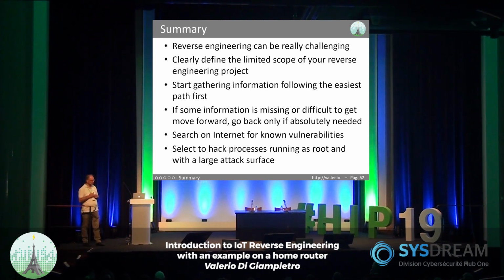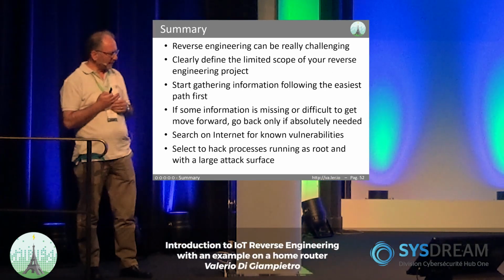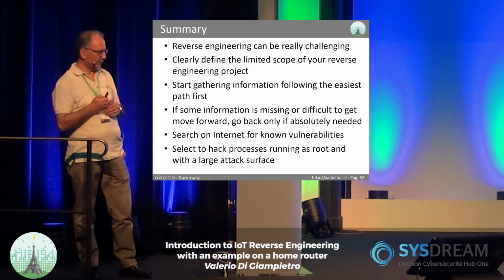Otherwise, if some information is missing or difficult to get, we try to move forward, and we go back only if absolutely needed. We can search the internet for everything, including known vulnerabilities. This is always the easiest path. And if we have to hack some process, we have to select a process running as root and with a large attack surface.